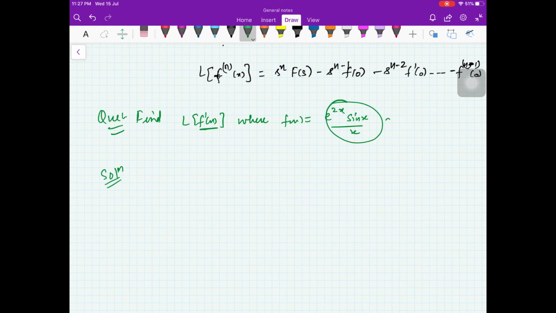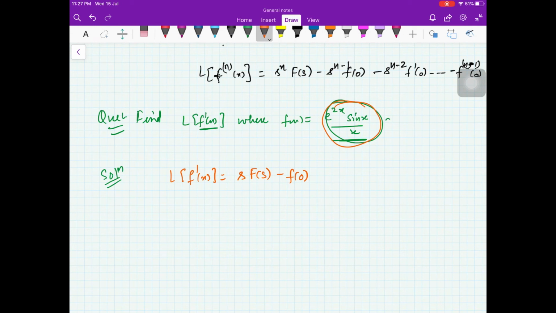First, you can just find the derivative and then find the Laplace transformation. Or we know that L of f dash x is going to be s into f of s minus f of 0. Now what is the value of f at 0 here? Can you see what f of 0 is?